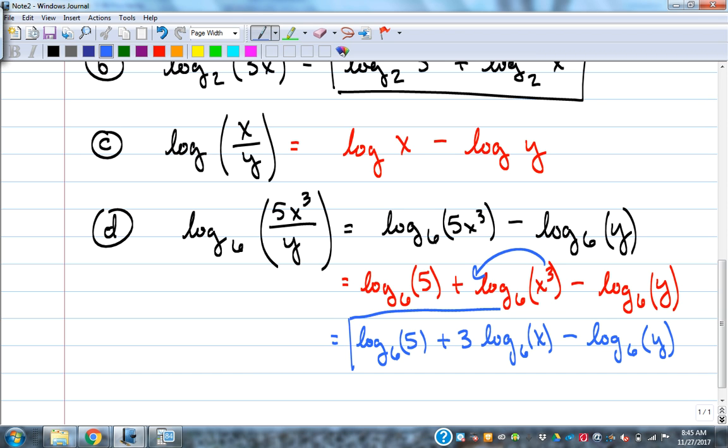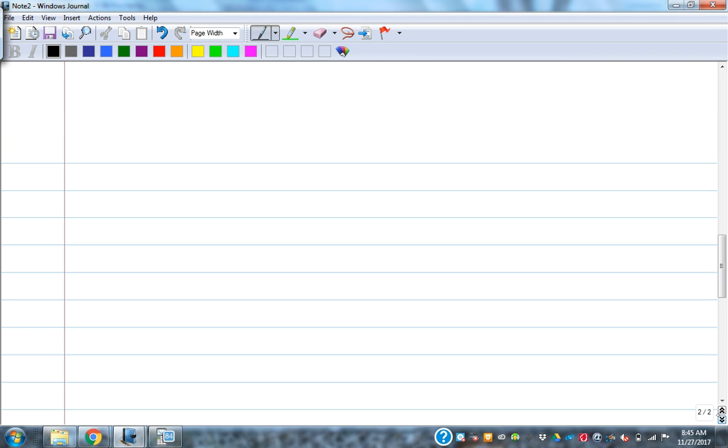And that's completely expanded because nothing else can be done. Now, as you're doing these, some of you can probably do it right now. You can do more than one step at once, and you wouldn't need to do 3 different lines for that. Some of you could probably go straight to this blue line without doing anything else, and I'm fine with that. Okay, but if you're ever confused, do it one step at a time. That's always the best policy, is just do it one step at a time, and you can get there.